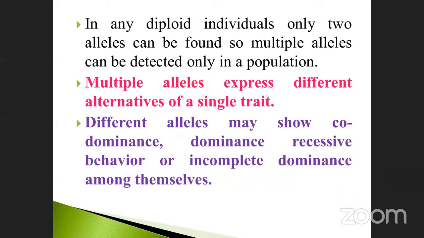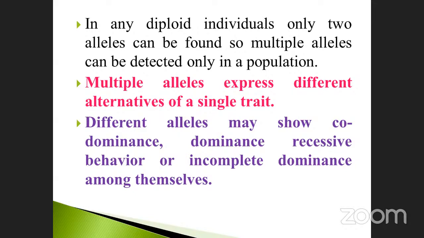Different alleles may show codominance, dominance, recessive behavior, or incomplete dominance among themselves. Each allele present has specific properties. Sometimes they show codominant characters, dominant characters, recessive characters, and sometimes incomplete dominance.